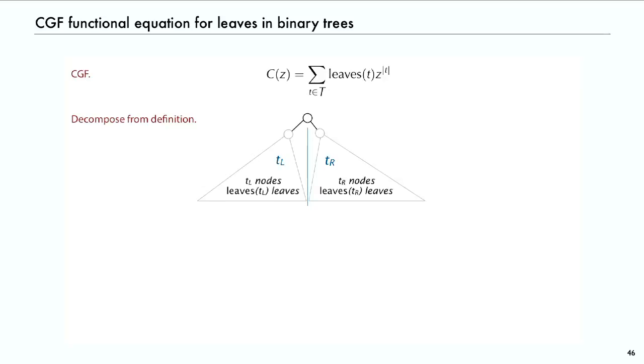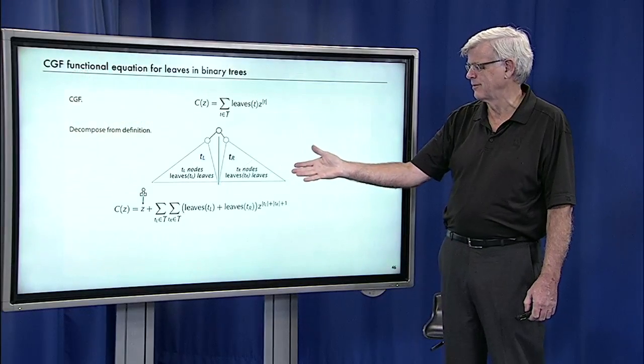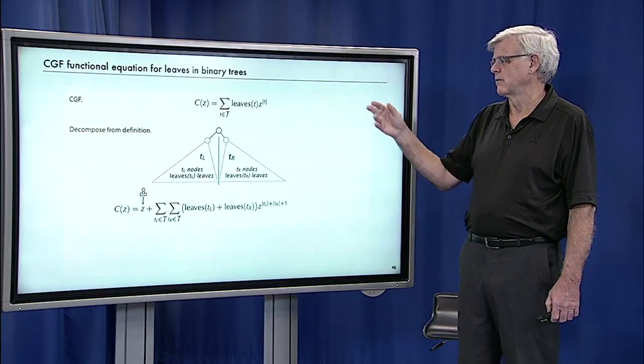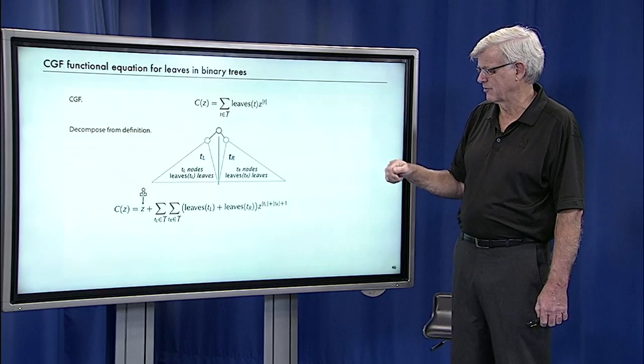We do the work to figure out the decomposition, the way to describe it, and then we get to apply it twice, once to find out the total number and the other to find out the total cost. And so that decomposition immediately leads to this equation for the cumulated generating function.